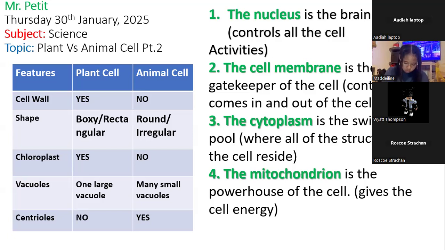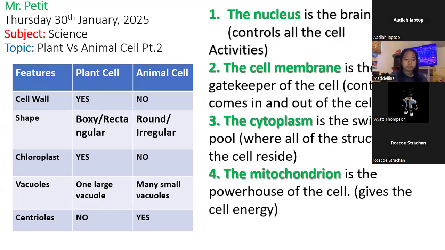The cell membrane is the gatekeeper of the cell, controls what comes in and out of the cell. Legacy, what about the cytoplasm? The cytoplasm is the swimming pool where all the structures of the cell reside. Madeline, what about the mitochondrion? The mitochondrion is the powerhouse of the cell and it gives the cell energy.